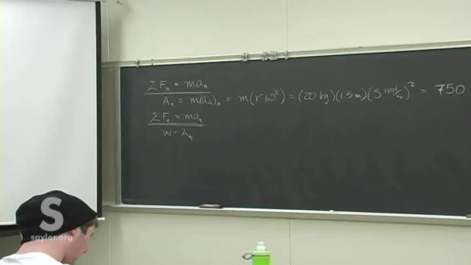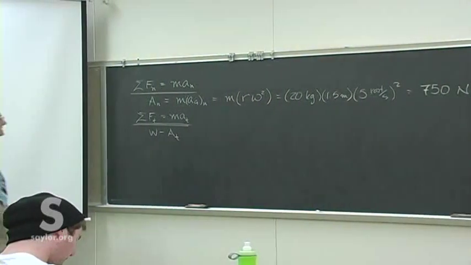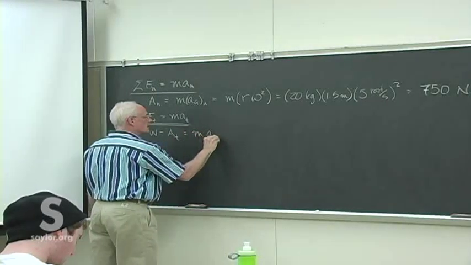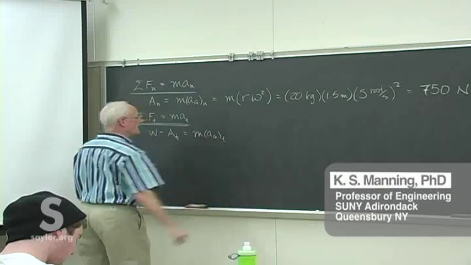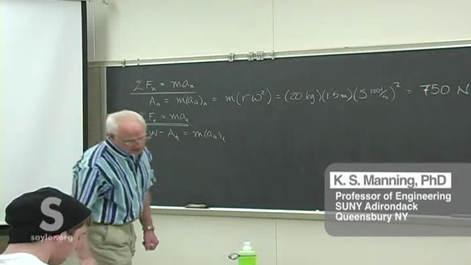Those are the two vertical forces. Remember, the moment's not a force, so it doesn't contribute to this. And that's going to cause the center of gravity to have some tangential acceleration.